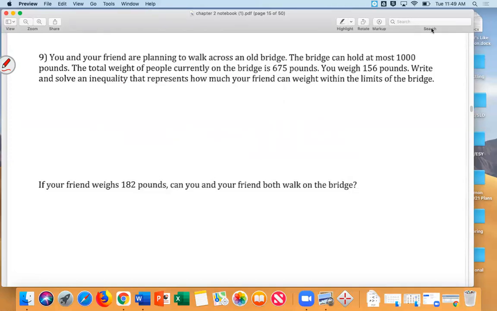Write an inequality and solve it to find out if I can go on the bridge with Mike. So Mike, how much weight can the bridge hold? At most 1,000 pounds. At most, which means it needs to be less than or equal to 1,000 pounds. Otherwise, it becomes unstable.